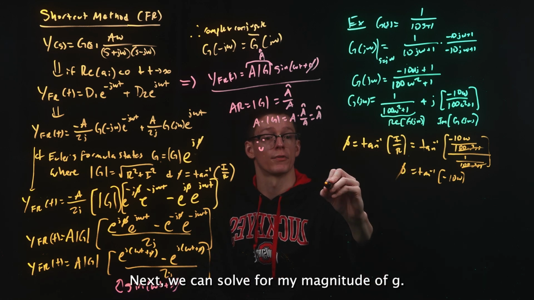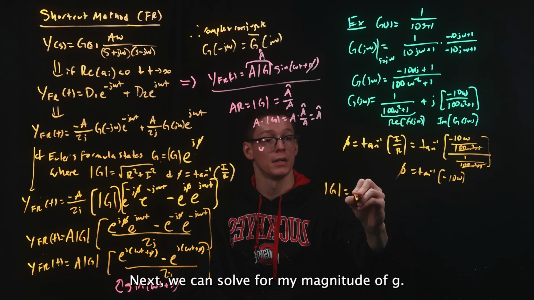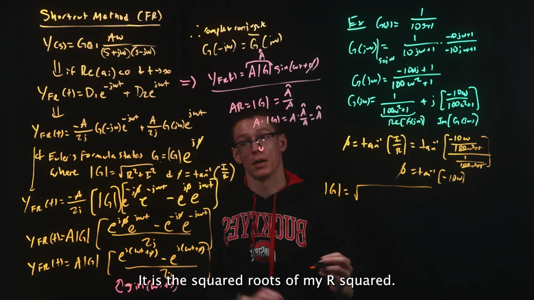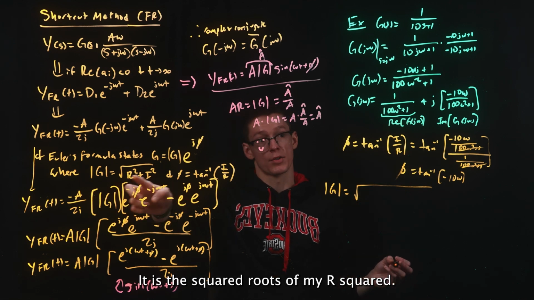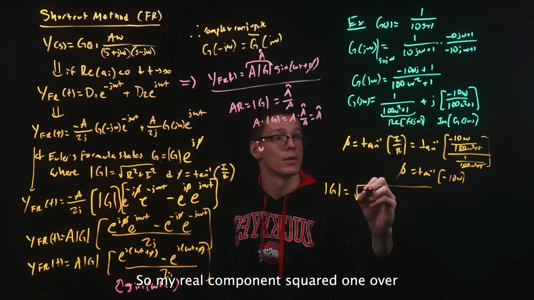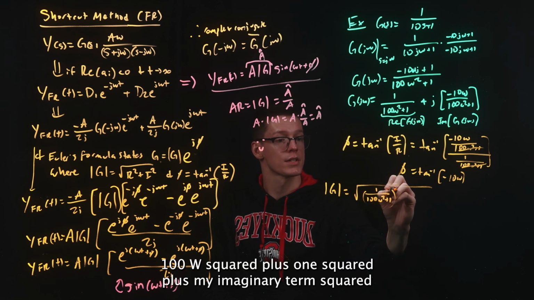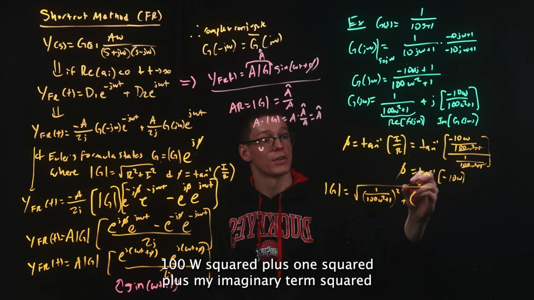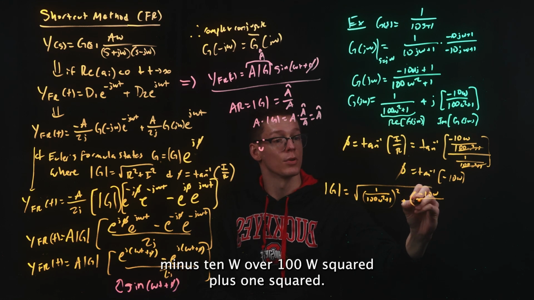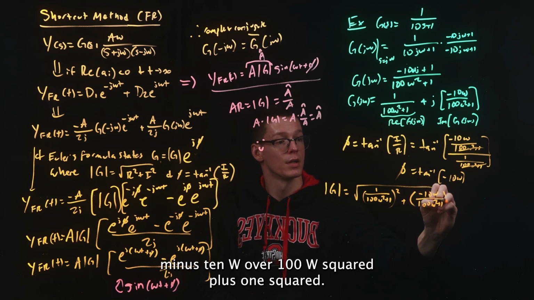Next, we can solve for my magnitude of g. It is the square root of my r squared, so my real component squared, 1 over 100 w squared plus 1 squared, plus my imaginary term squared, minus 10w over 100 w squared plus 1 squared.